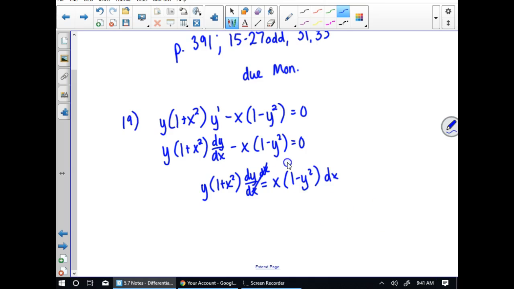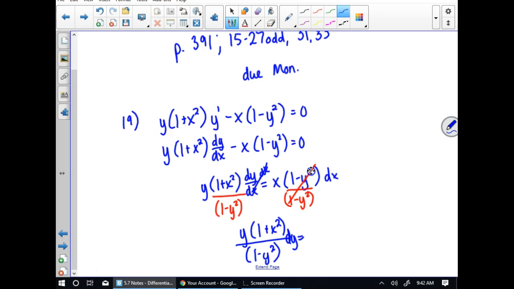And so over here on the right hand side, you got to get rid of the y, which means you want to take that 1 minus y squared altogether. So you're going to divide by it. And then let me rewrite because it's getting kind of messy. y times (1 plus x squared) over (1 minus y squared) dy equals x dx.